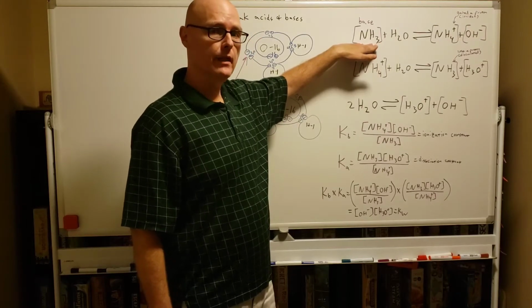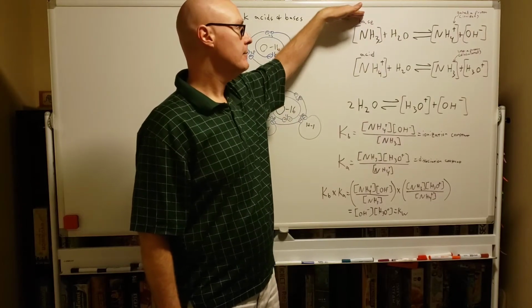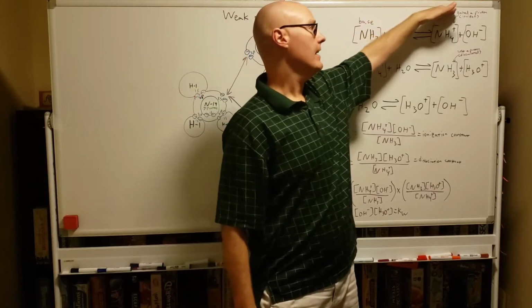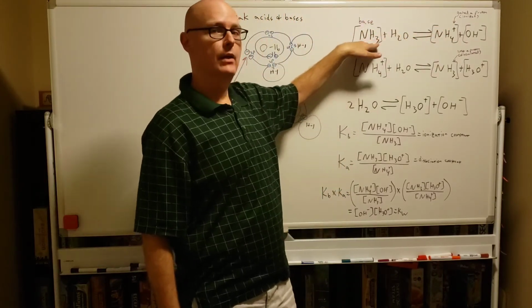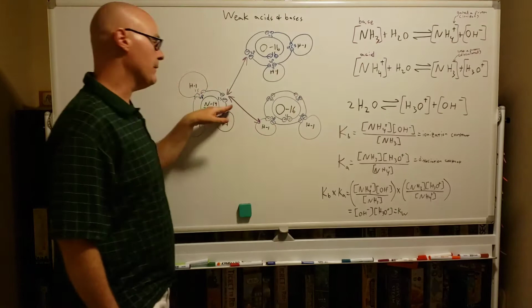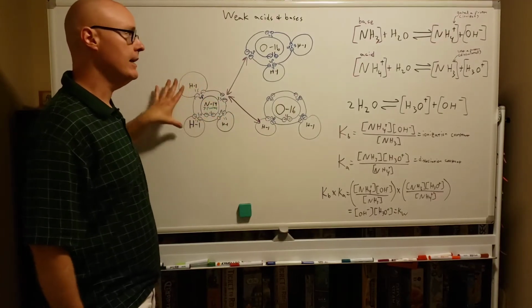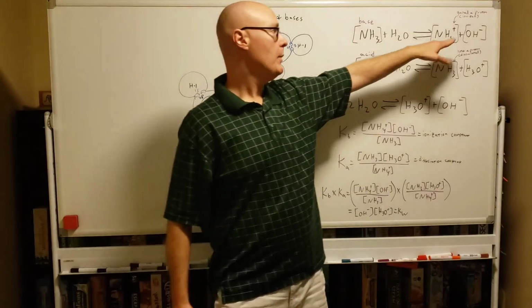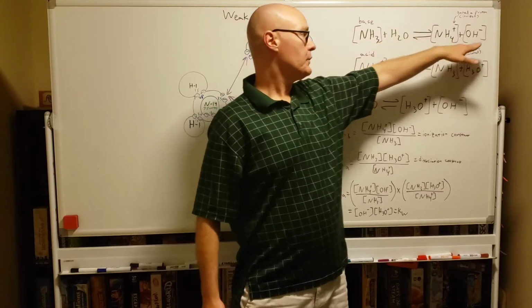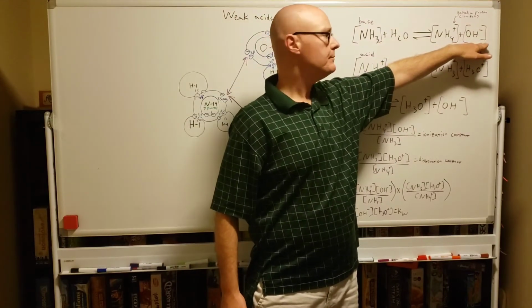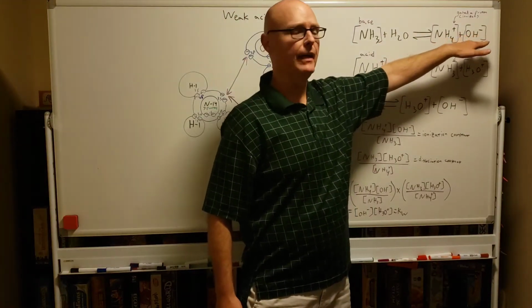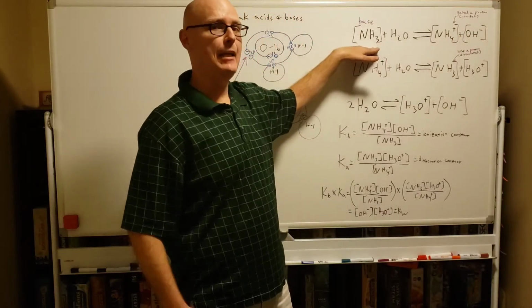My ammonia is called a base because it will ionize. It is the one that's going to grab a proton. We grabbed a proton with my ammonia to become ammonium. I also created my hydroxide. So that's the way you can identify that this is a base.